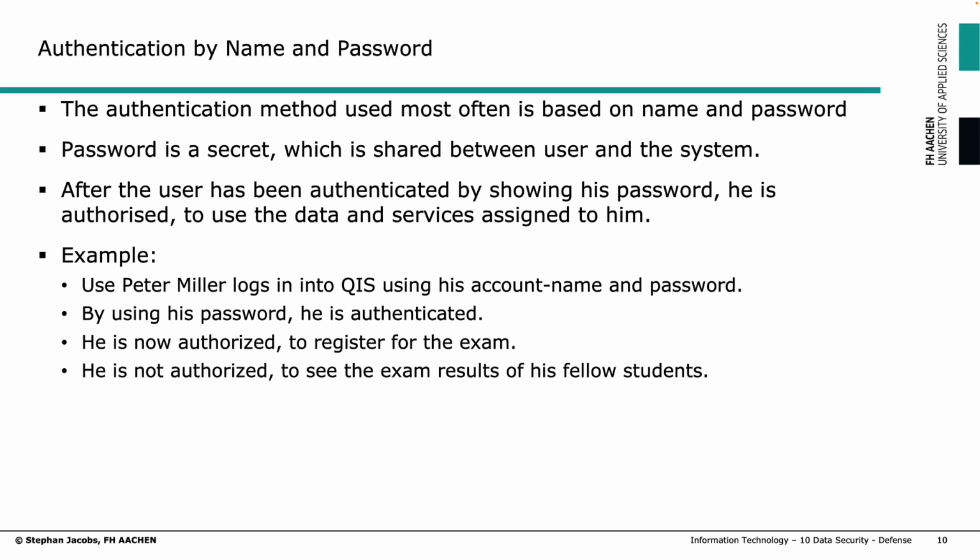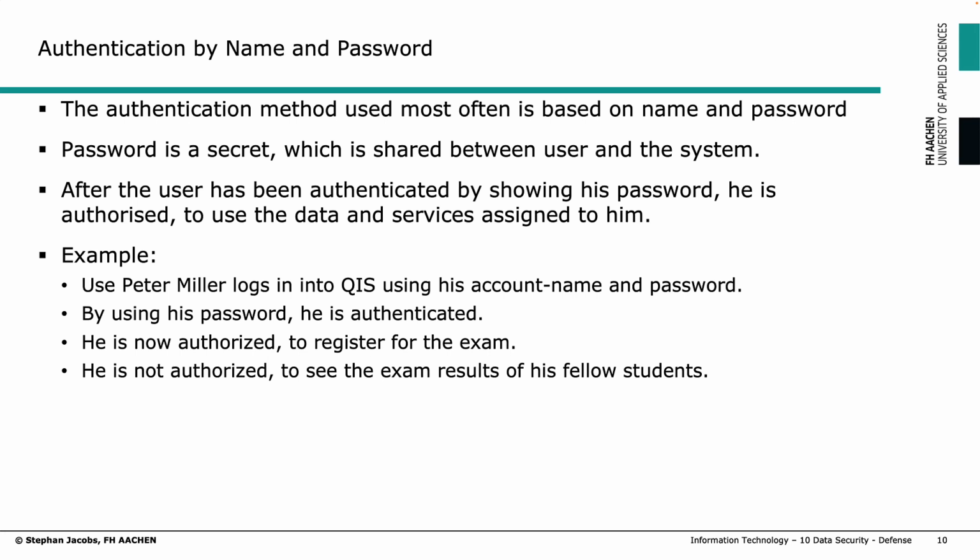Let's take a brief example with the system QIS, which you know. Take Peter Miller, who is a student, and he logs into QIS using his account name and his password. As he knows the password, he is authenticated. So the system believes that the real Peter Miller is on the keyboard.